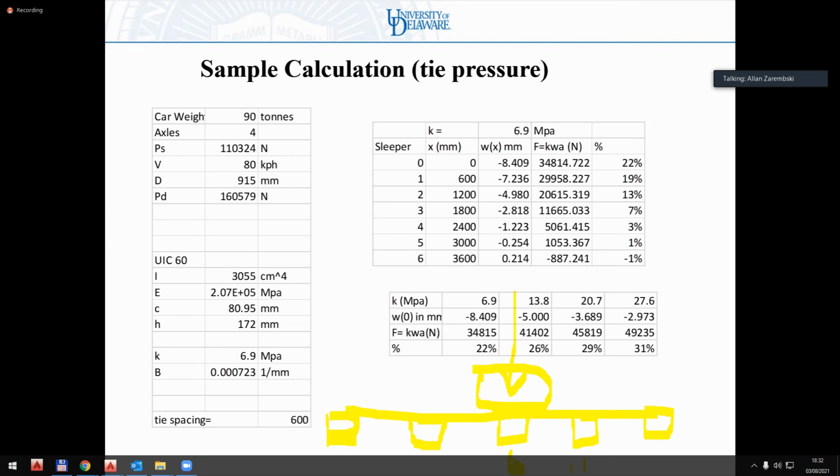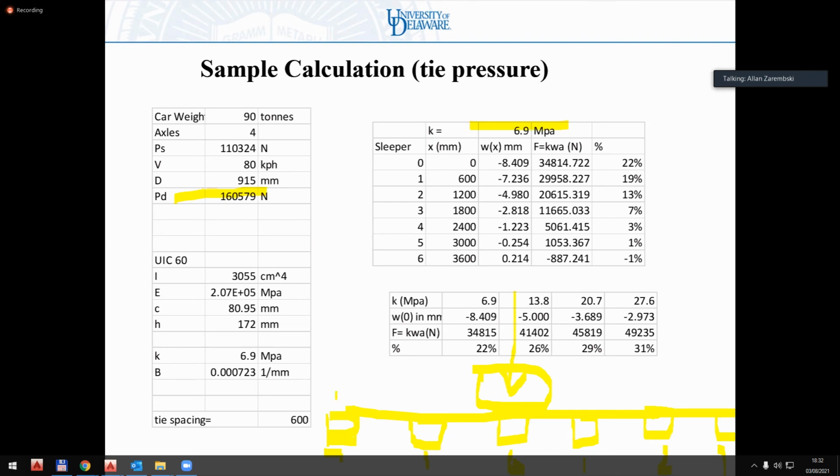It's also carried by this sleeper and this sleeper, and this sleeper, up to about 4 on either side. And so for very soft track, which is K equals 6.9 megapascals, this sleeper carries about 22% of the total wheel load. For very stiff track, it carries between 30 and 40% of the load, and not as many sleepers carry the load.